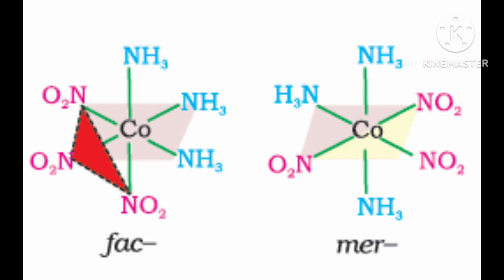This type of isomers which can't be superimposed is called enantiomers. The question is asked, what are enantiomers? Then enantiomers are mirror images that cannot be superimposed. These isomers are called enantiomers.